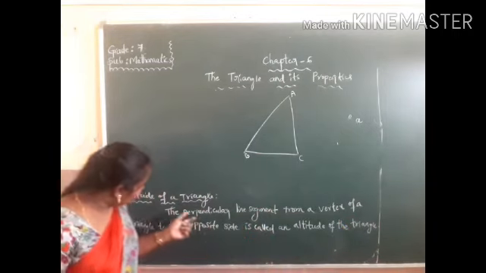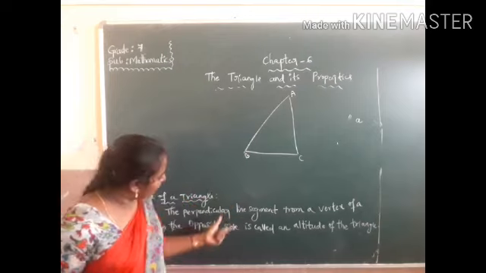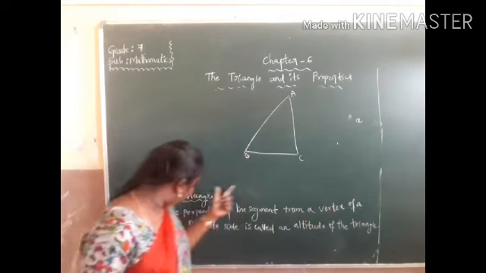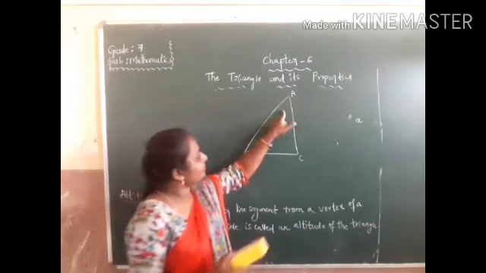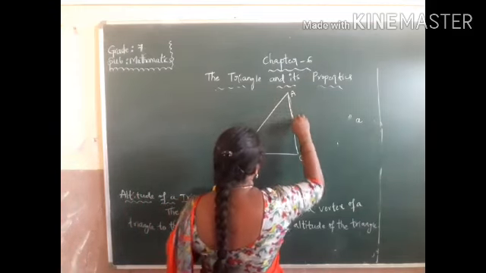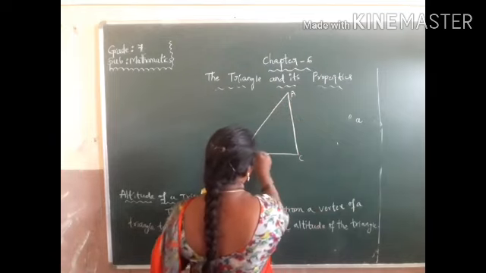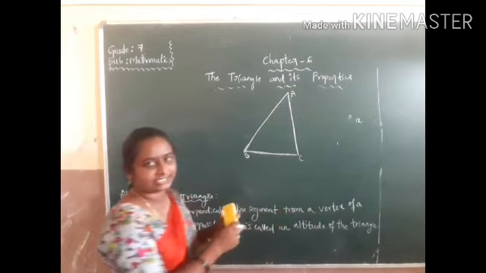The perpendicular line segment from a vertex of a triangle. Take any vertex, A or B or C, whatever it may be.